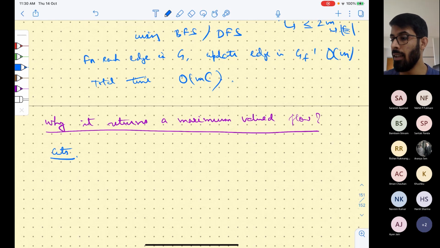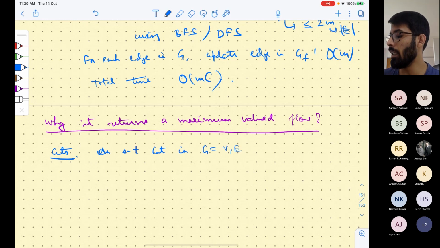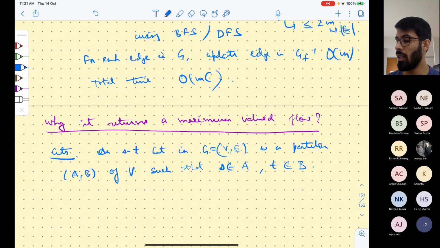Okay, so let's define an ST cut. An ST cut in G equal to V comma E is a partition, which we had sort of informally defined earlier, a partition A, B of V such that S belongs to A, T belongs to B, right?